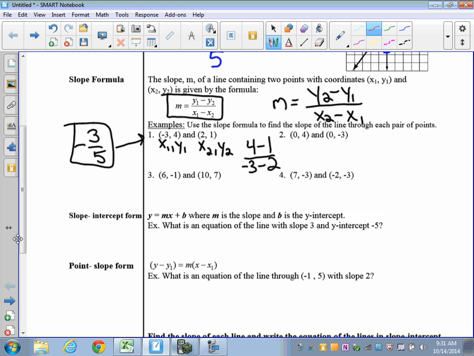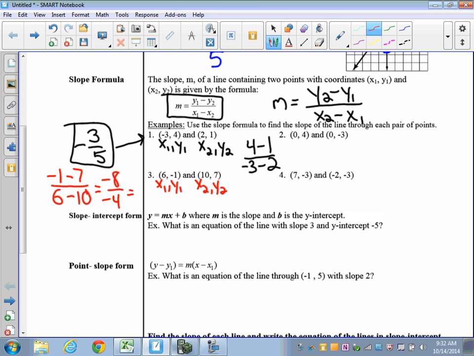So for number 3, again, we just do x1, y1, x2, y2. And then we substitute it. We're going to use that same formula again. So y1 is negative 1 minus y2, 7 over x1, 6 minus x2, 10. So if we do this, negative 1 minus 7 is negative 8 over 6 minus 10, negative 4.